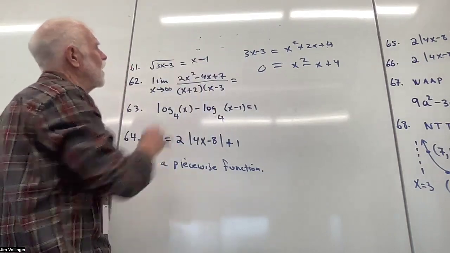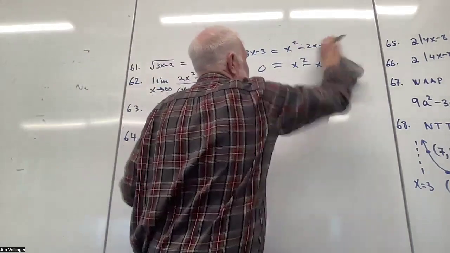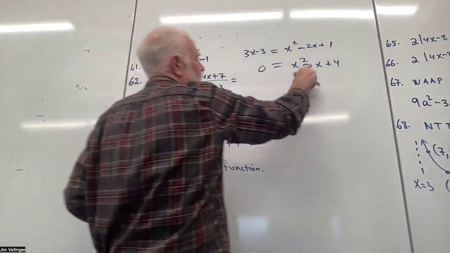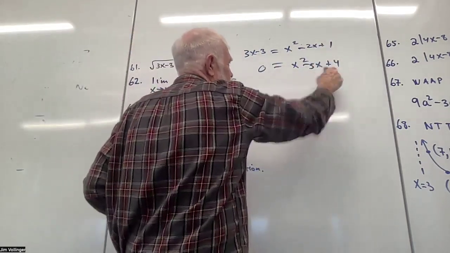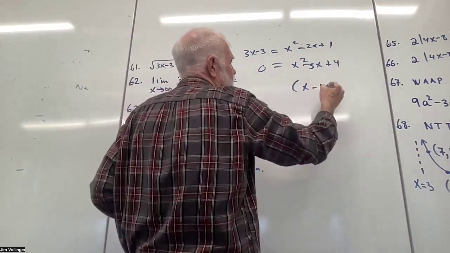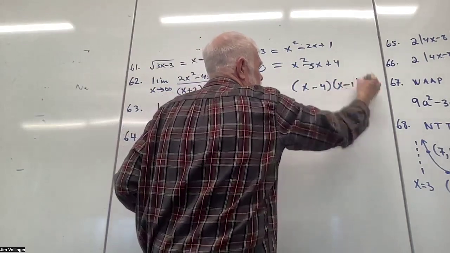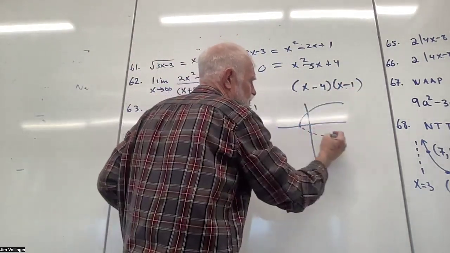Okay, so I must have made a careless error here. Minus 2x plus 1. Okay, so that takes care of that, I think. So I take 3x away, which makes that minus 5. And now I bring it over and I get positive 4. Okay, so that's going to be x minus 4 times x minus 1. Okay, so the minus 1 would have been the fictitious answer this way.